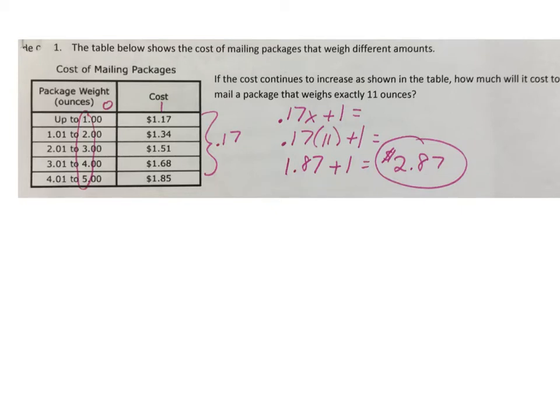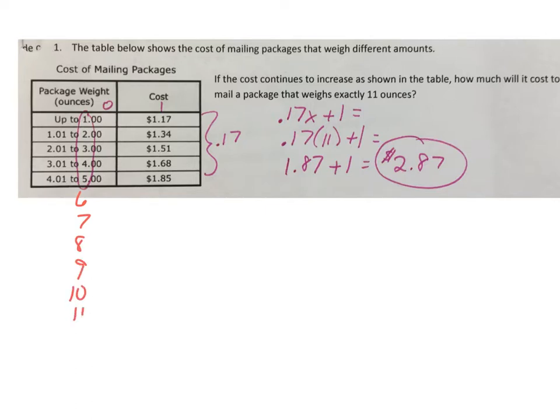If you notice right here, they are all increasing by 1. So 1, 2, 3, 4, 5. So it is a range, but it's still just increasing by 1 ounce. And they want 11 ounces. So if I continue that process, it would just be 6, 7, 8, 9, 10, and 11.